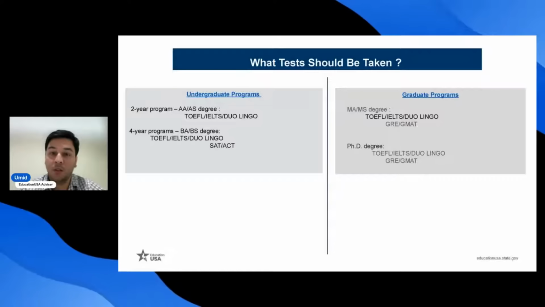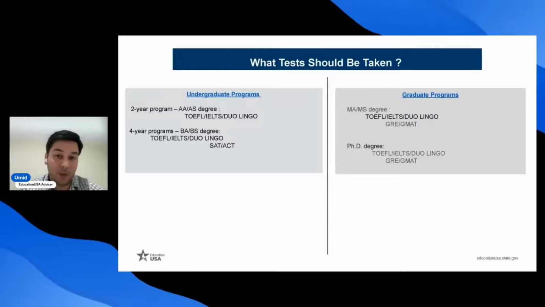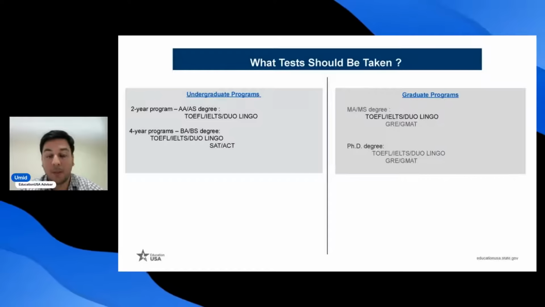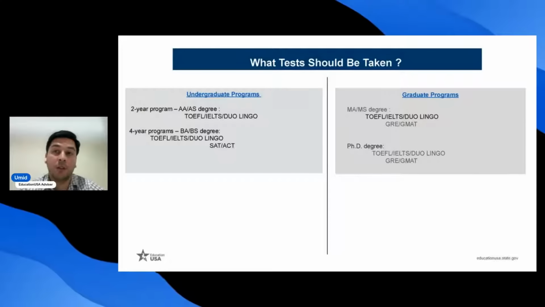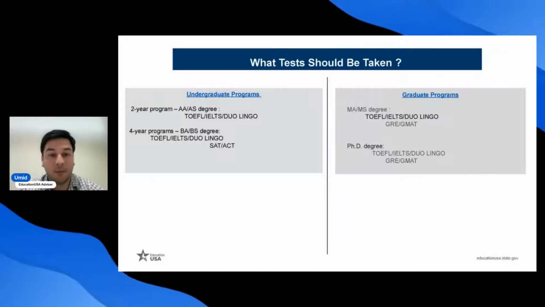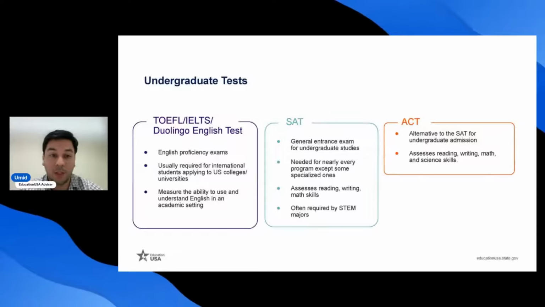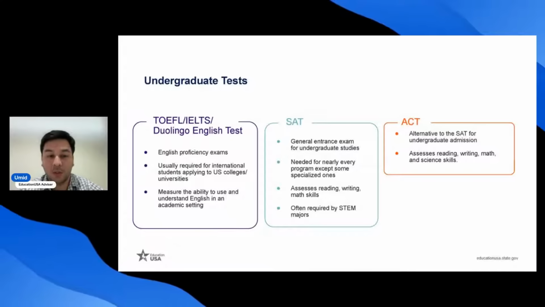In some cases, master's programs require the GRE and GMAT. For PhD, the requirement is quite the same. It depends on the particular program you're applying for, but in most cases these standardized tests are required. So let's go to undergraduate testing.